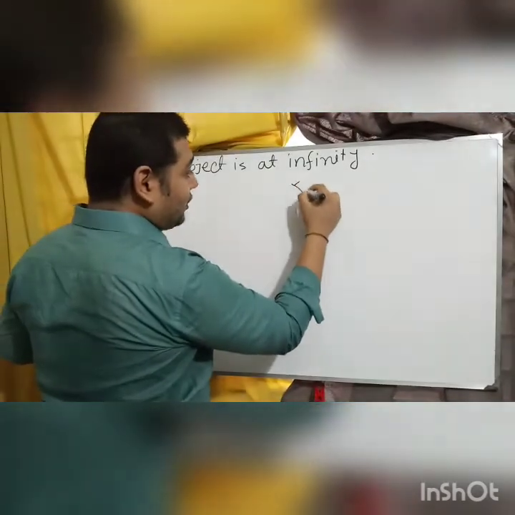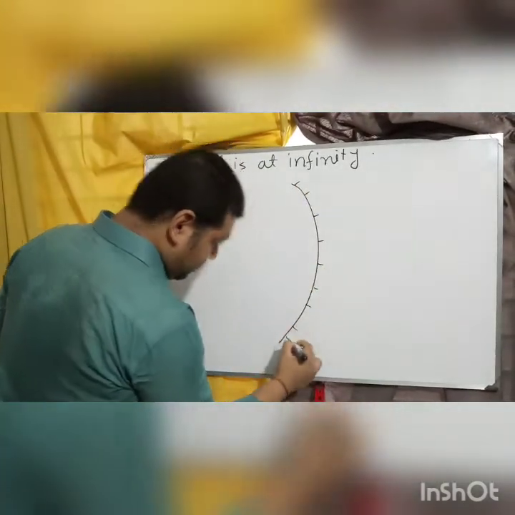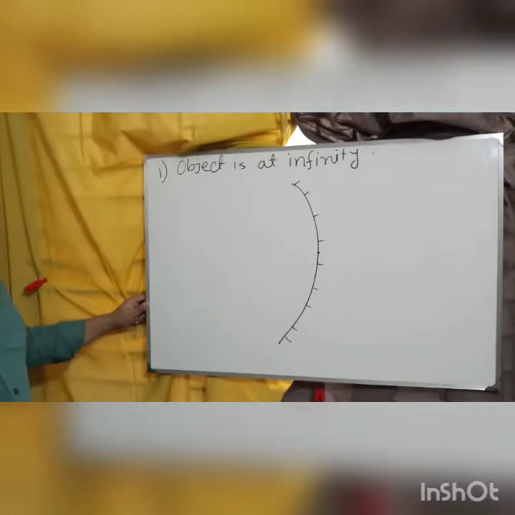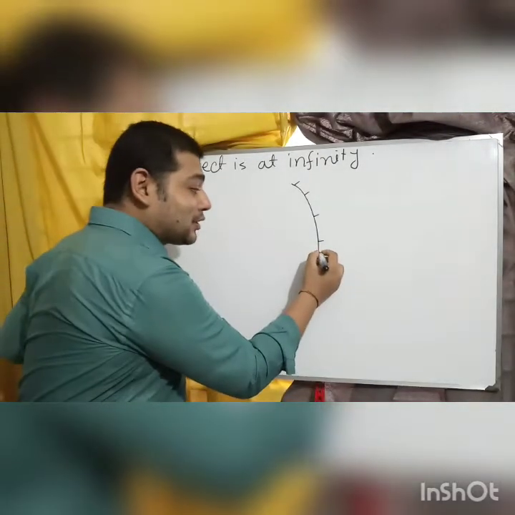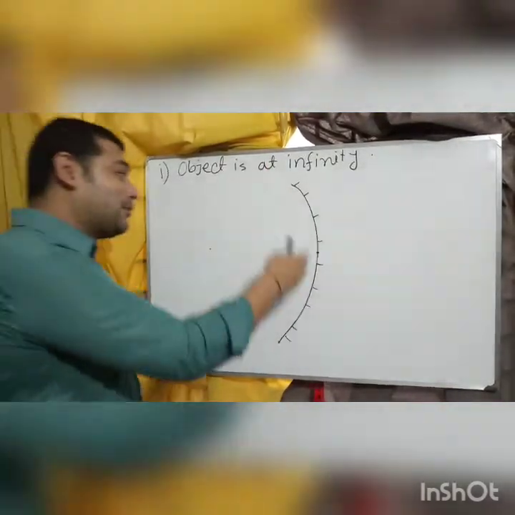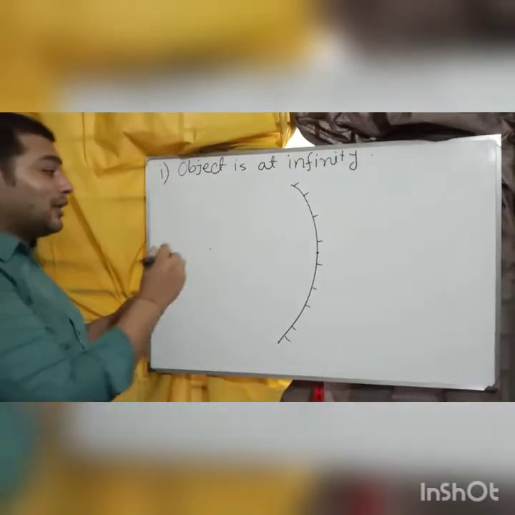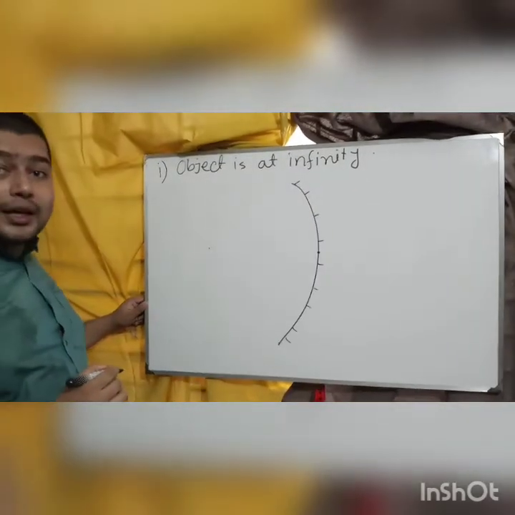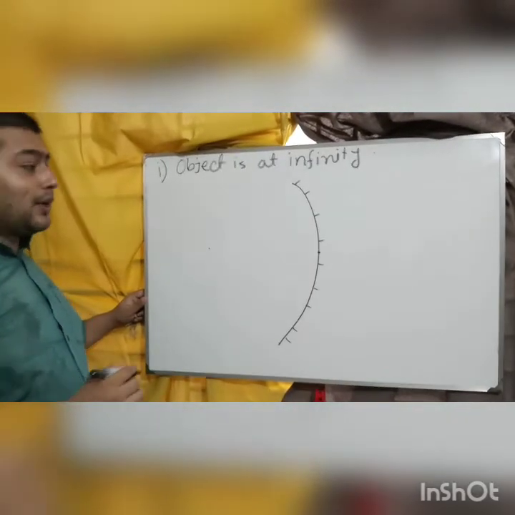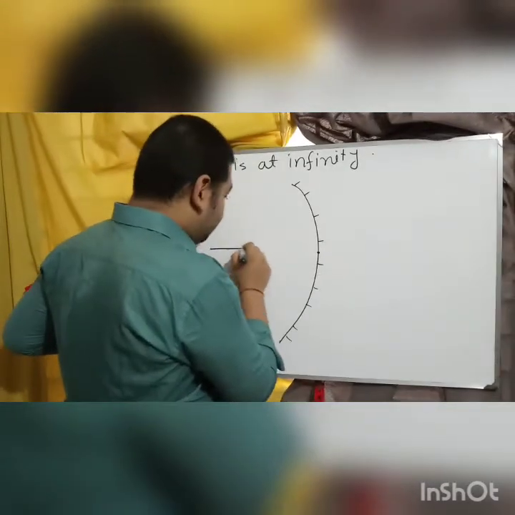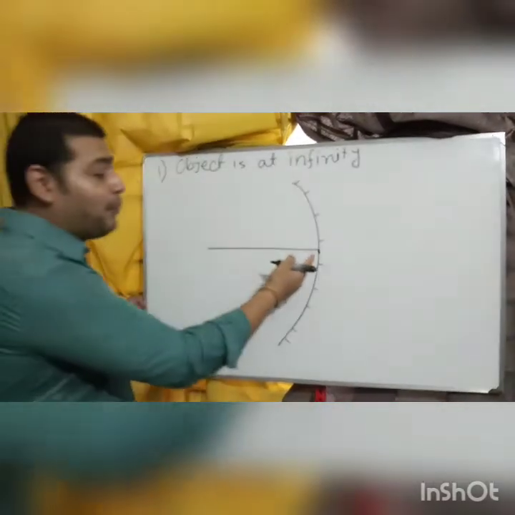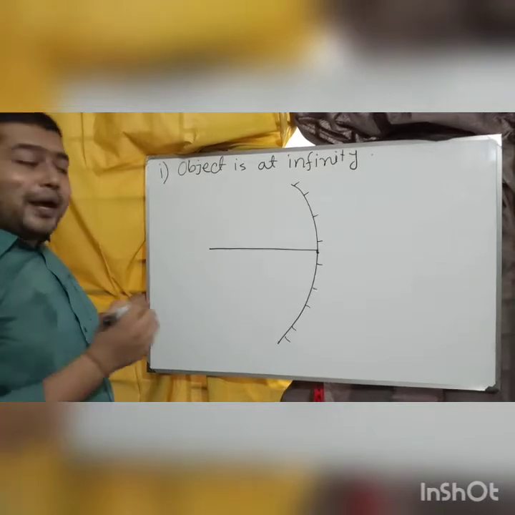This is our concave mirror, and the center point of the reflecting surface is called the pole. The reflecting surface is a part of a sphere, so the center of the sphere is called the center of curvature. The line between the center of curvature and the pole is called our main axis.